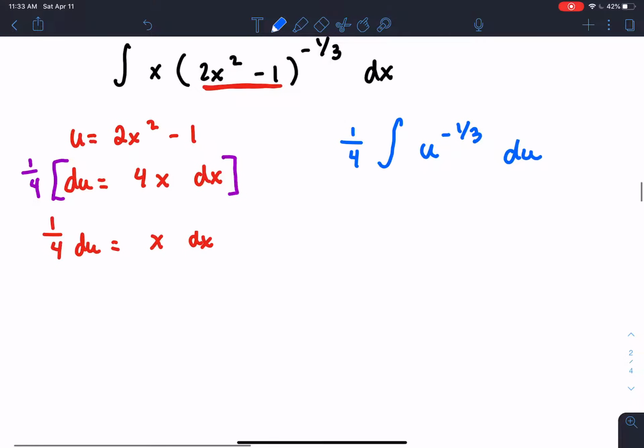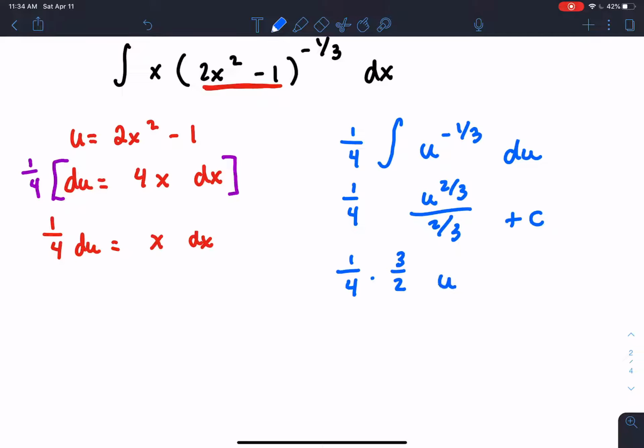I'm going to keep 1/4 here, and then if I add 1 to my exponent, that's going to give me 2/3. So u to the 2/3 divided by 2/3 plus c. Now, if I'm dividing by 2/3, I'm really multiplying by 3/2, right? So this is 1/4 times 3/2 u to the 2/3 plus c.